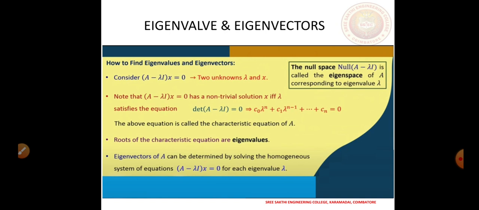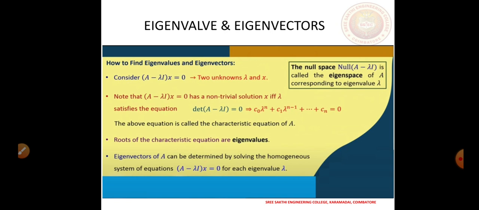So how to compute these two unknowns? Those unknowns satisfy this equation A minus lambda I x is equal to 0. The lambda is a scalar and this x is a vector whose number of components will be exactly n if the matrix is an n cross n matrix.